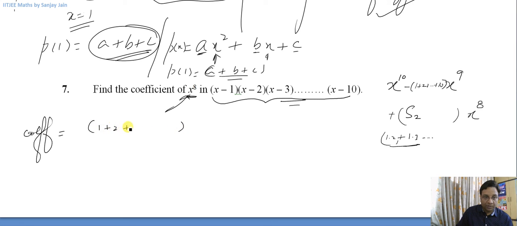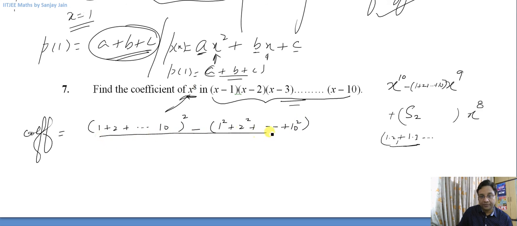1 plus 2 plus 3 up to 10 squared minus 1 square plus 2 square plus up to 10 square, divided by 2, that is the square of the sum minus the sum of squares, divided by 2. So what will this be?